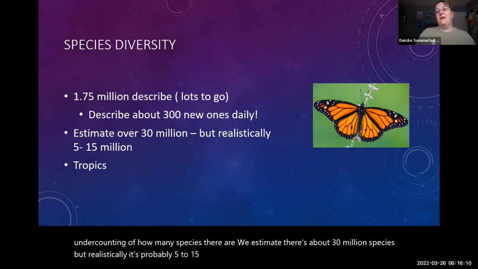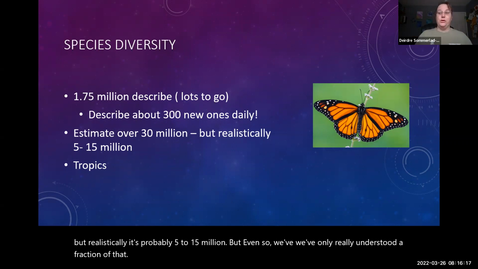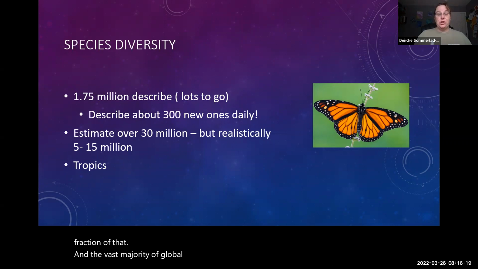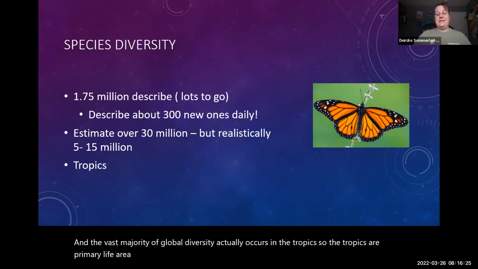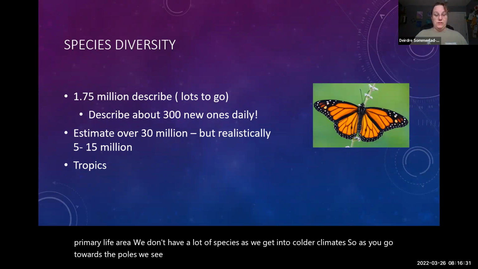But even so, we've only really understood a fraction of that. And the vast majority of the global diversity actually occurs in the tropics. So the tropics is our primary life area. We don't have a lot of species as we get into colder climates.